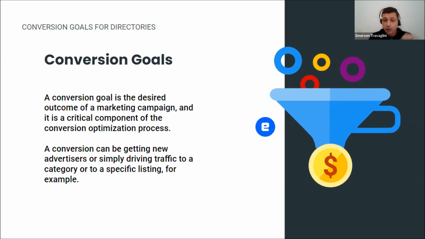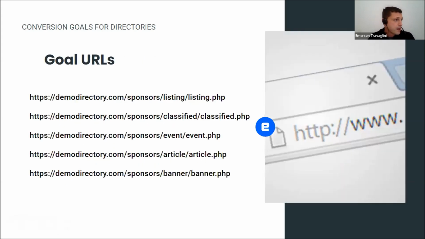For the objective of getting new advertisers, you must track some URLs that I'm going to show you here. These are the success goals, success URLs. When you or your advertisers add a new item, such as a new listing, a new classified, a new event, a new article, or a new banner on your site.